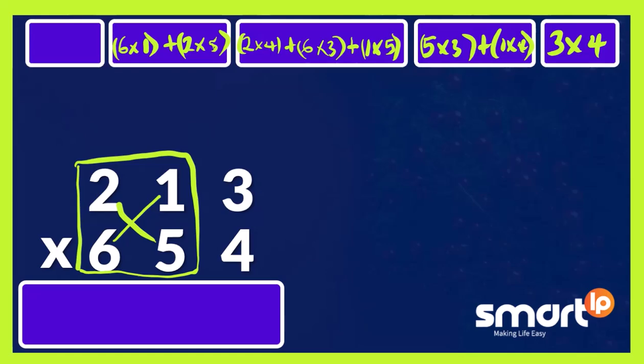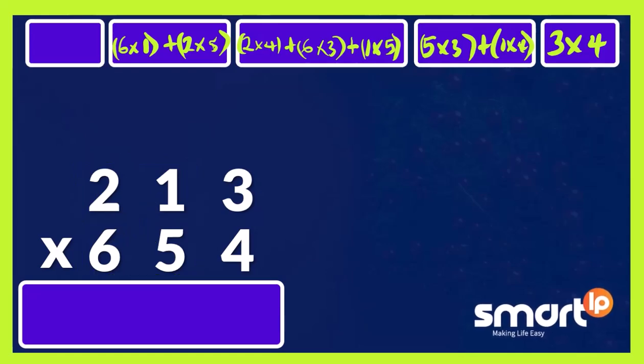Okay, great job. The last step here, we take the first digit of both numbers and multiply them. That is 2 times 6. We have gotten everything we need, so we fill in the boxes.